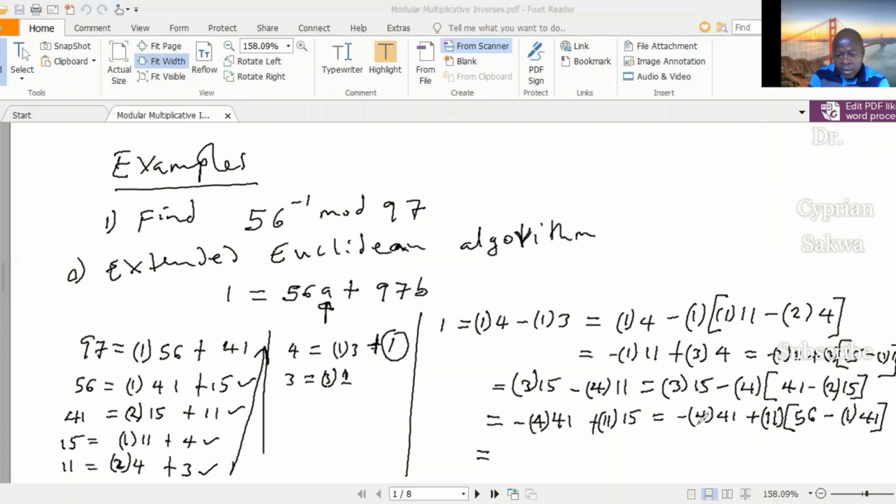What do we get? Let's begin with 11 times 56. And then 11 times this negative 1 will be negative 11. Negative 11 plus negative 4 will be negative 15 multiplied by 41. Then, what about 41? 41 is 97 minus 1 times 56.